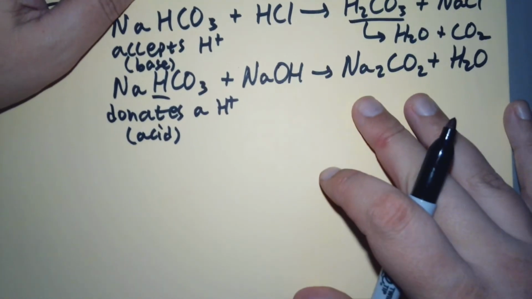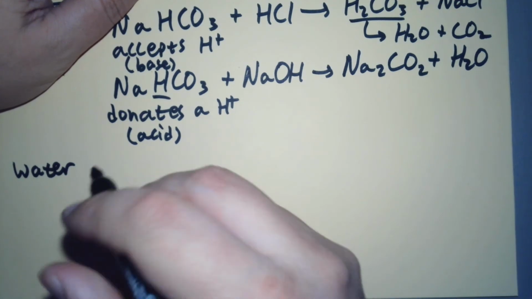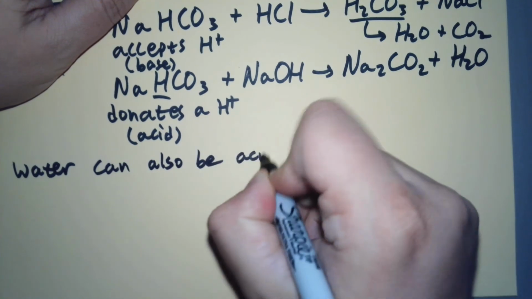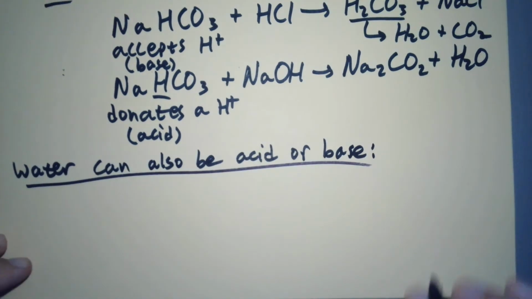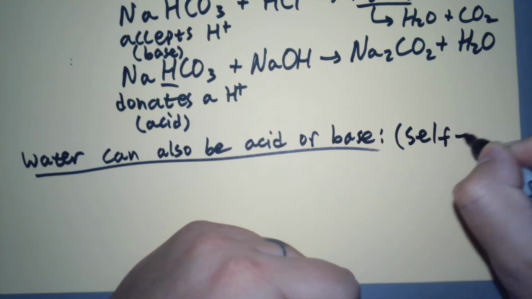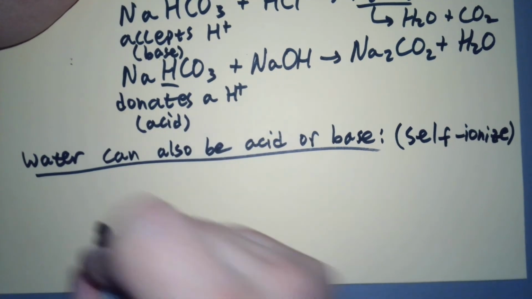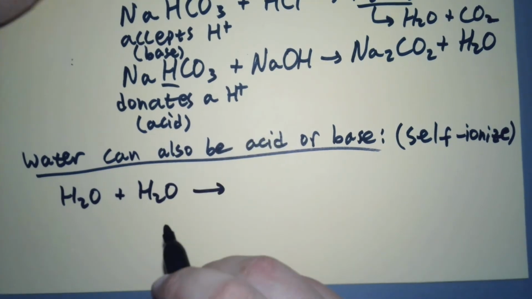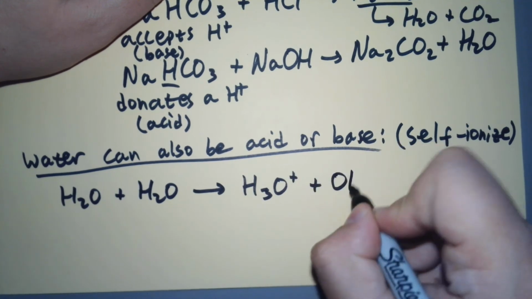The other big thing is that water can also be an acid or a base. So it will also do this at the same time and self-ionize. If we have 2 waters, we can get them to react with each other and give us an H3O plus and an OH minus.